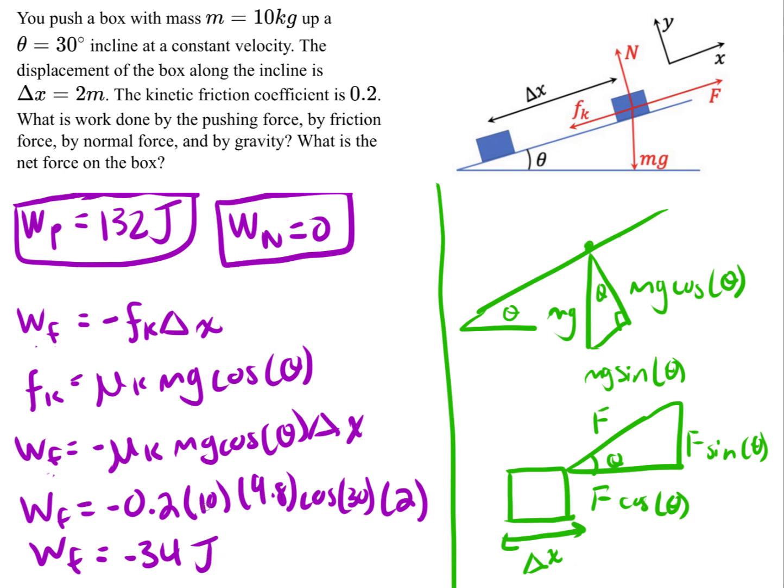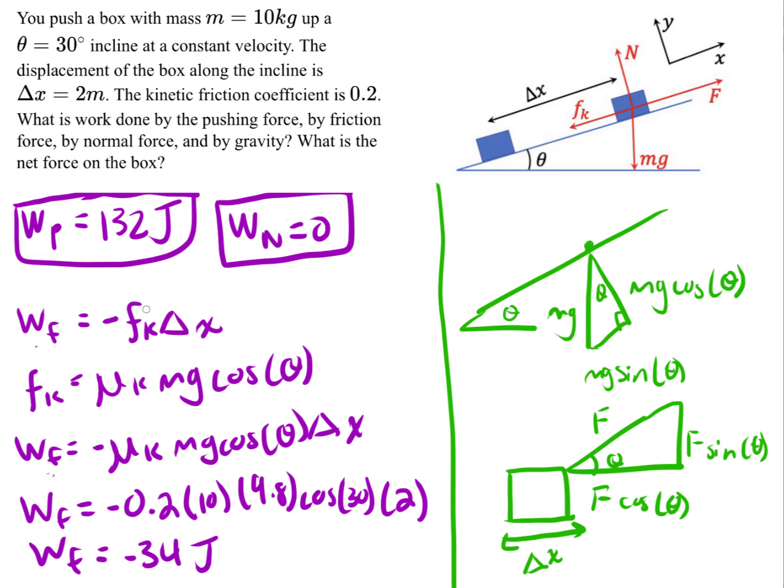And so the friction force does minus 34 joules of work on the system. And this simply means that it's minus 34 joules in the direction opposite to the pushing force, which we set as our positive x in our reference system.